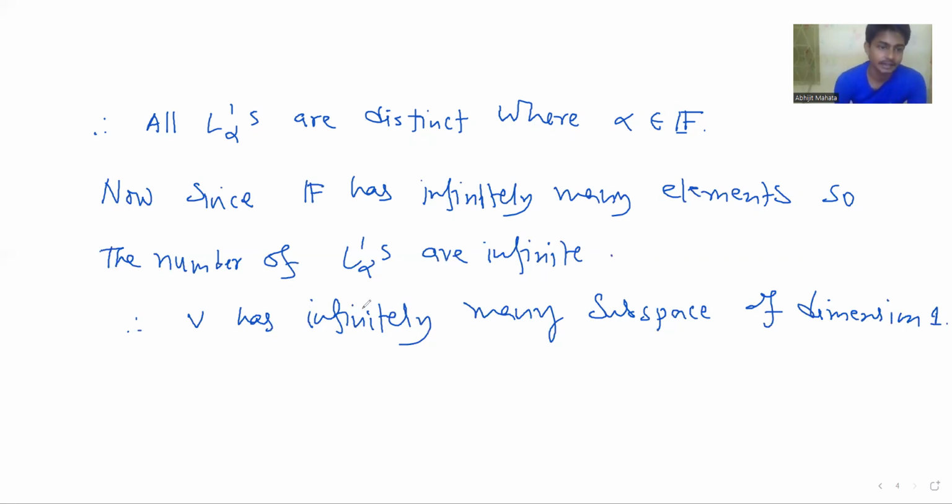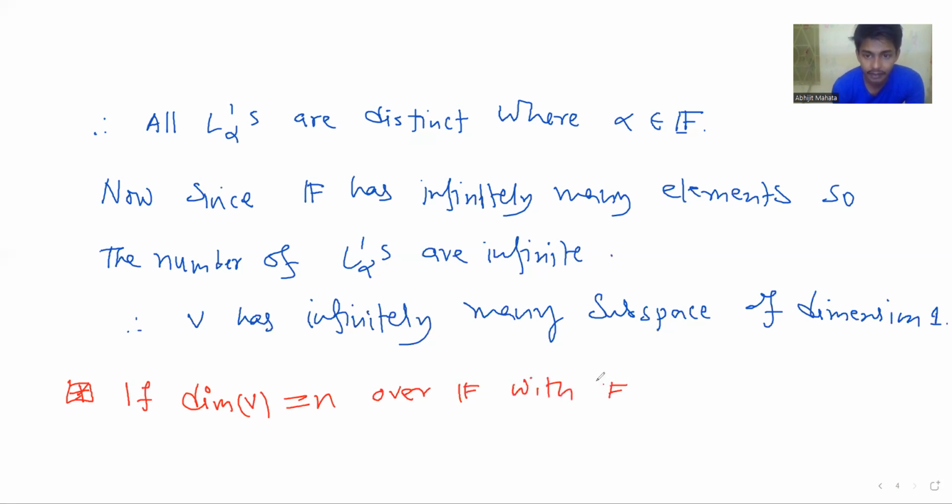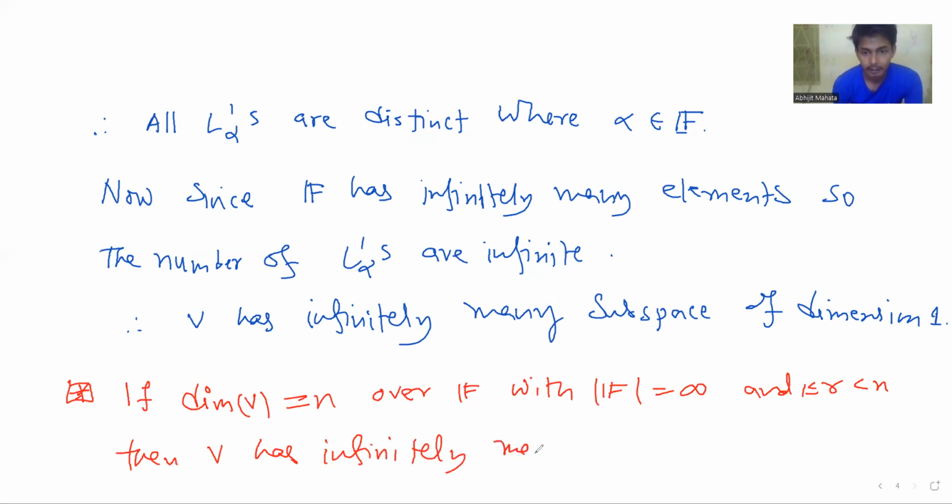Now we can generalize this. I'll give you this problem to think about. If the dimension of V equals n over a field F with infinitely many elements, and r is less than n, let's say r is greater than or equal to 1, then V has infinitely many subspaces of dimension r.